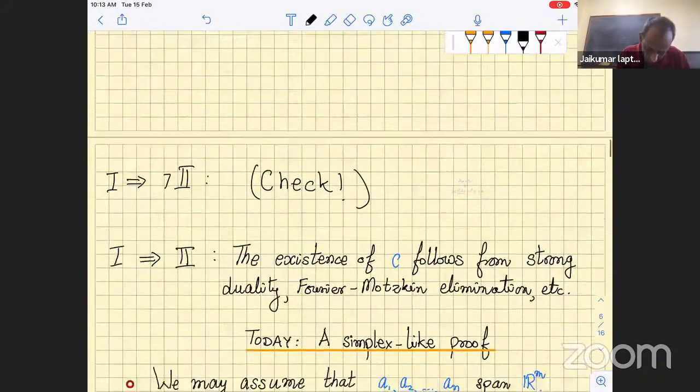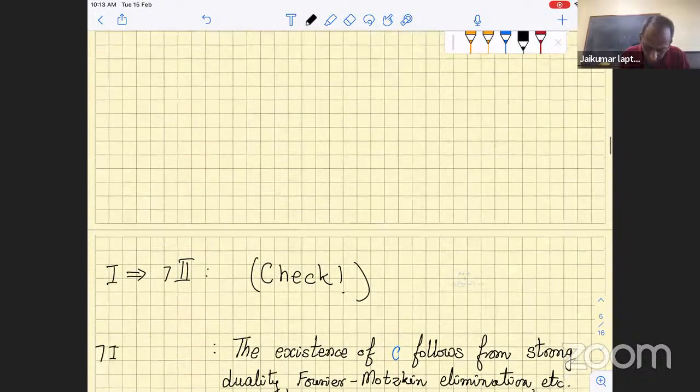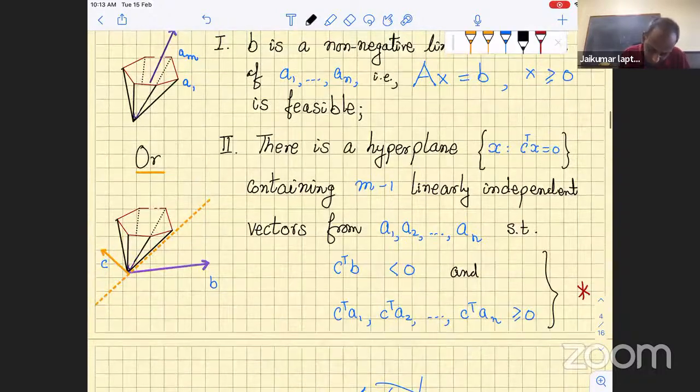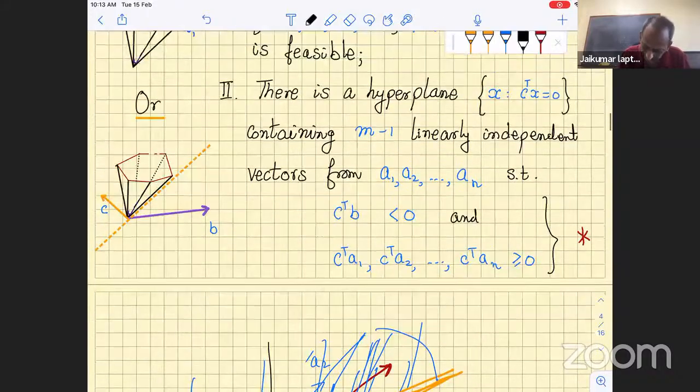Now what we want to say is that if one is not true, that is, if B cannot be written as a non-negative linear combination of the AIs, then there must be such a normal vector.